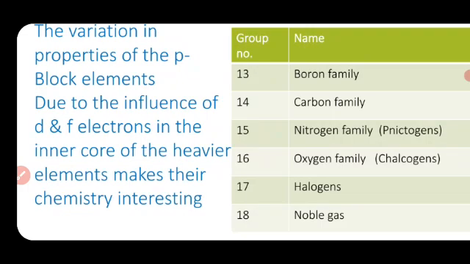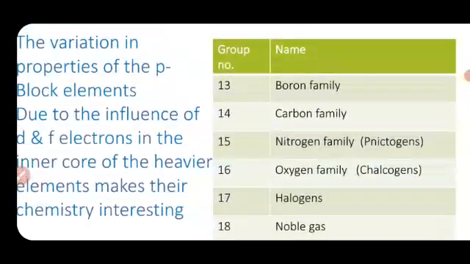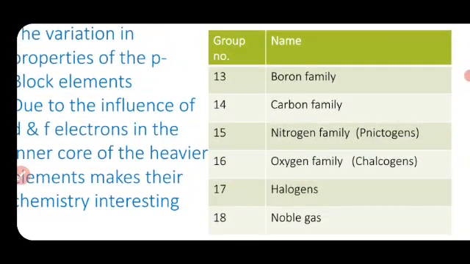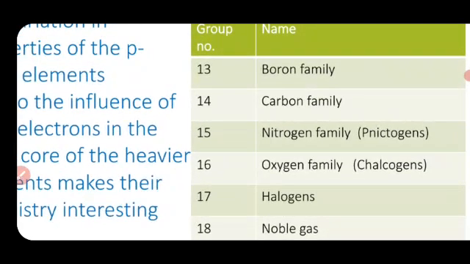Now we'll see what are the names given to these group elements. Usually, as we know by our surname, surname shows our family name, right? So here the first element of each group represents the family of that group. So the names are given very interestingly: group number 13 is called boron family.